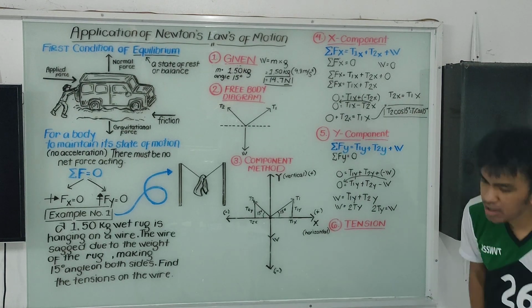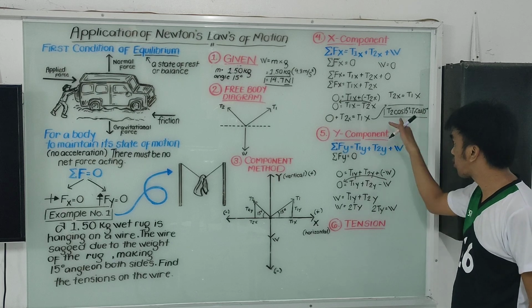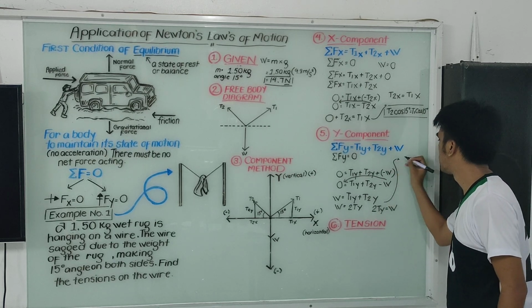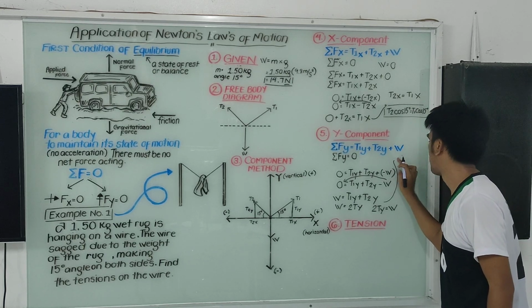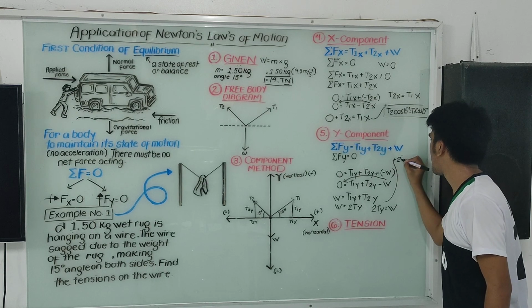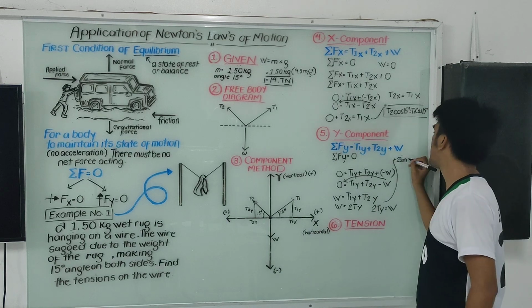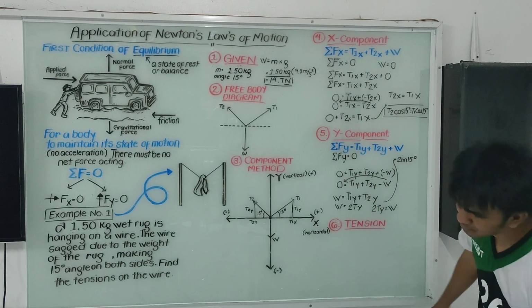So kanina cos yung ginamit, magiging 2 sine. What is our angle? 2 sine 15 degrees.